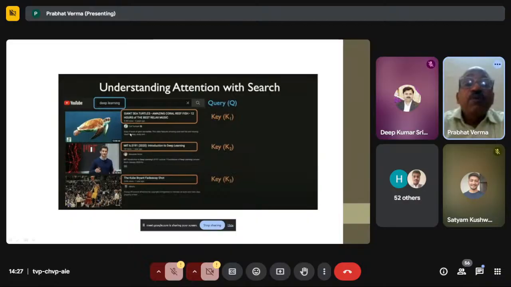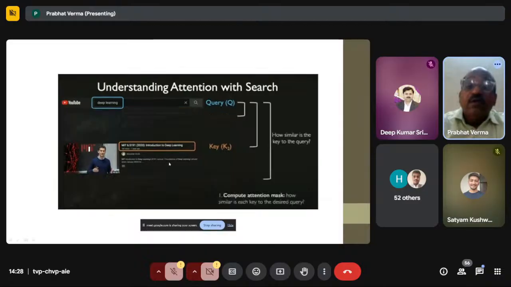Now we have to see which particular key gives attention over the particular query, deep learning, and eliminate all the others. Like this particular key K2 is more appropriate. So attention is made over this through search, and the other two are eliminated. How did we compute this search?